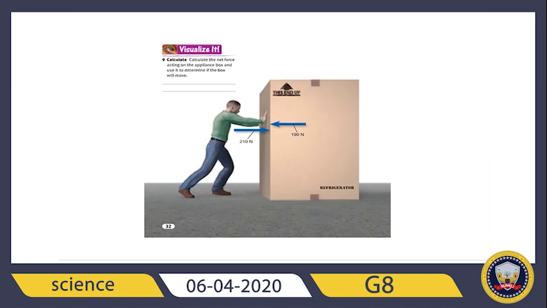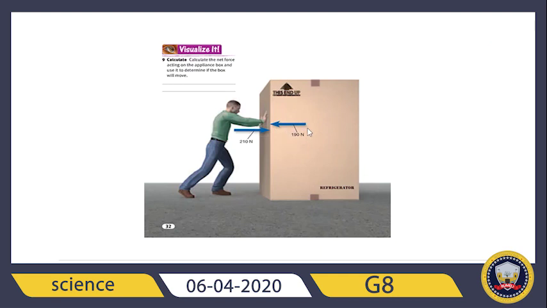So guys, question number 9: calculate the net force acting on the following box, the appliance box, and use it to determine if this box will move or not. As you can see here, we have two forces acting on this object. The first force is equal to 210 Newton, and the force in the opposite direction is equal to 119 Newton. So what do we need to do here?